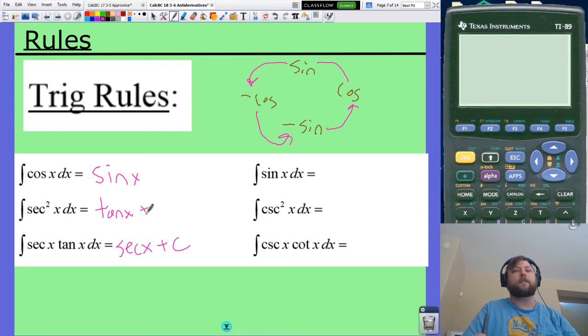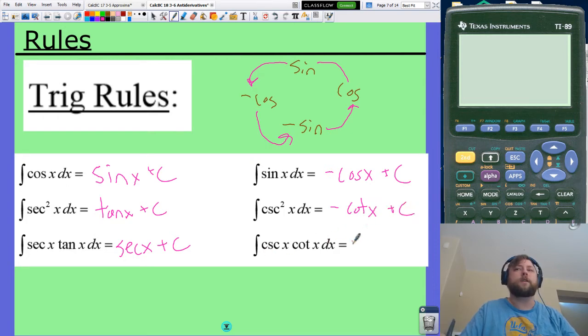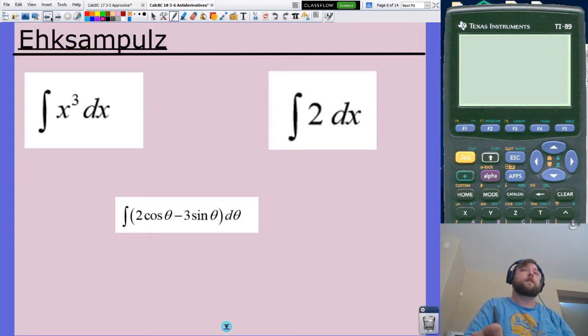Oh wait, the plus c's. The integral of sine x is going to be negative cosine x plus c. Cosecant squared is negative cotangent x plus c, and cosecant x cotangent x is going to be negative cosecant of x plus c. Okay, some examples.